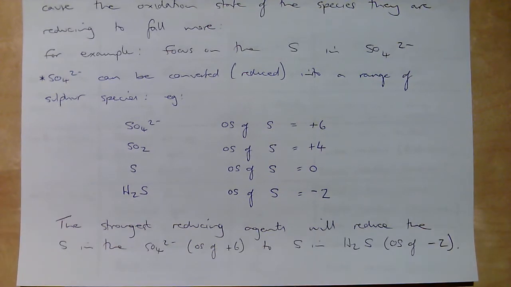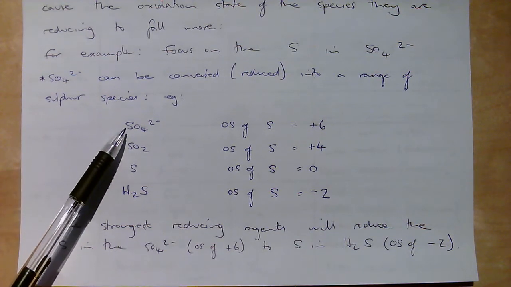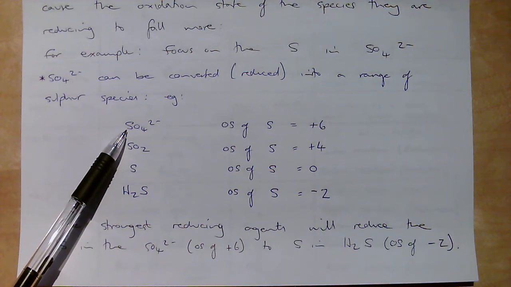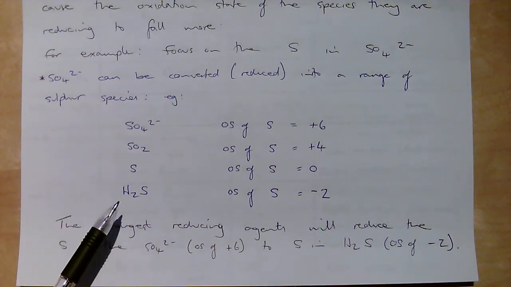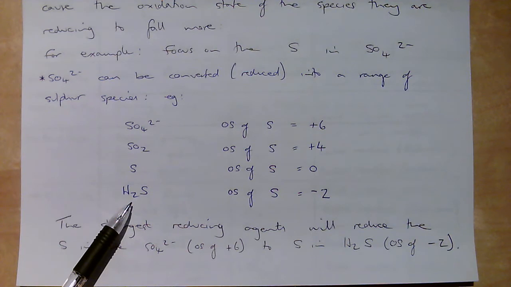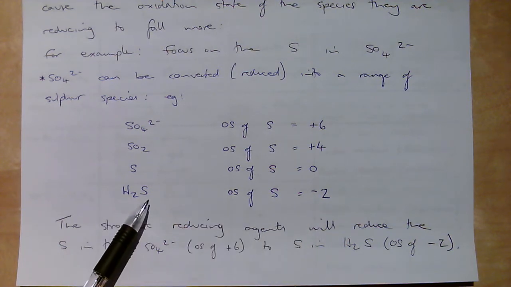If we think back to our halide ions and remember what the question is, which halide ion is the strongest reducing agent? Well, the strongest reducing agent will be the one that can reduce the oxidation state of the sulfur in the SO4 2- from +6 to an oxidation state of -2 of the sulfur in the hydrogen sulfide gas.